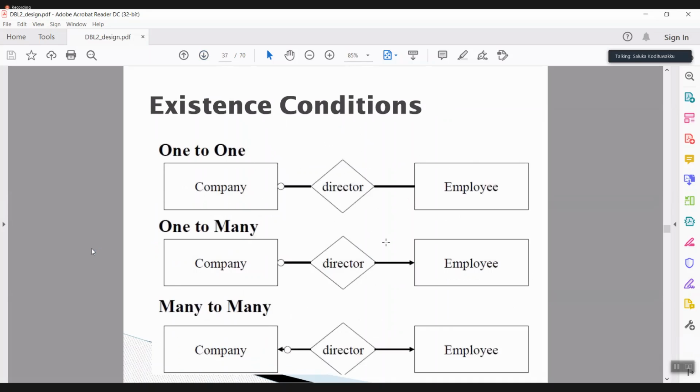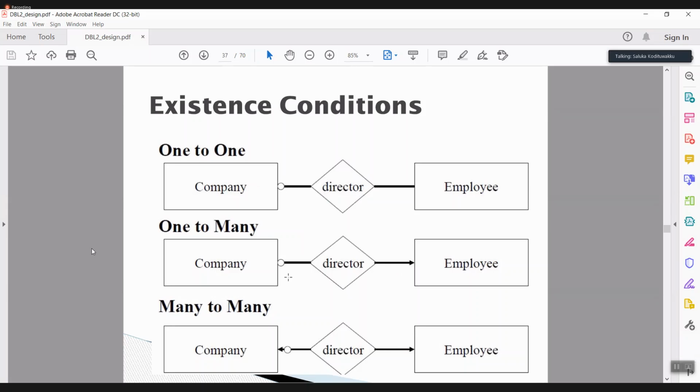And this is the existence condition: in the one-to-one case, the company should be there. Why this existence constraint or condition? Without a company, you cannot talk about employees. There could be a company without employees, that is okay. But there cannot be an employee without a company, and therefore the company should exist first.